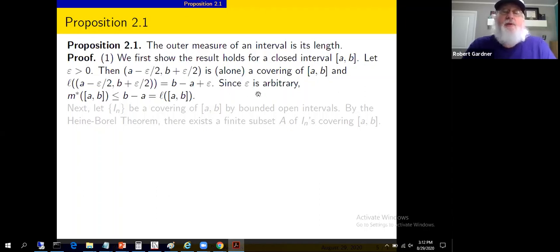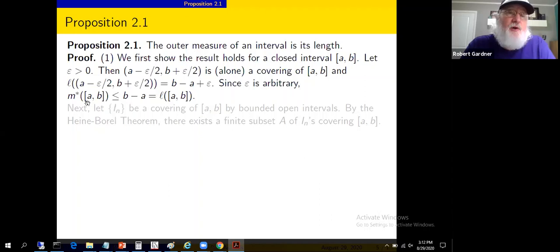Epsilon's arbitrary, so we just showed that this interval can be covered with a countable collection of bounded open intervals, well, with one bounded open interval, the sum of whose lengths, the length of the single interval, is b minus a plus epsilon. Epsilon was arbitrary. We can make it as small as we like, telling us that an upper bound on the outer measure of that interval is b minus a, which is the length of the interval.